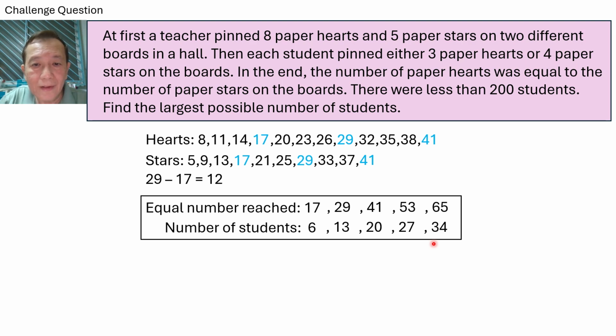So they have to be related to the multiple of 7. 1 less than a multiple of 7. In other words, we can jump straight away to a number that is close to 200.